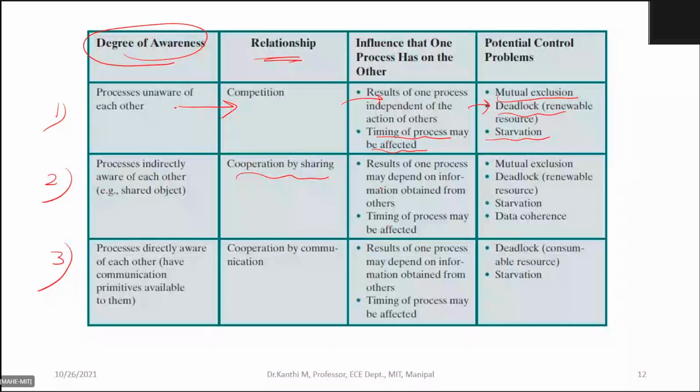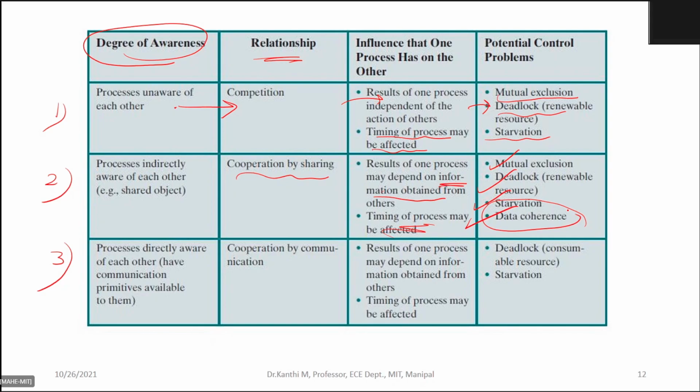In the previous case they are independent, but here the results may depend upon what information you get from the other. And timing also may be affected. Here the control problems could be mutual exclusion, deadlock, starvation, and data coherence. We'll see what that is later.